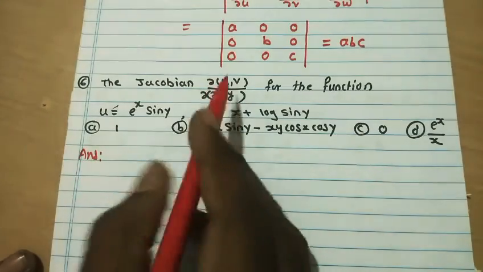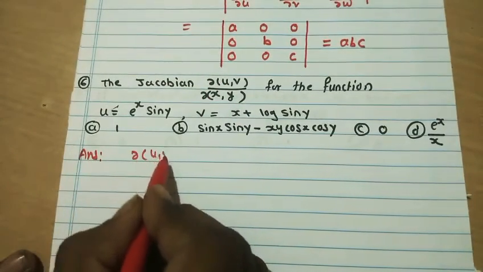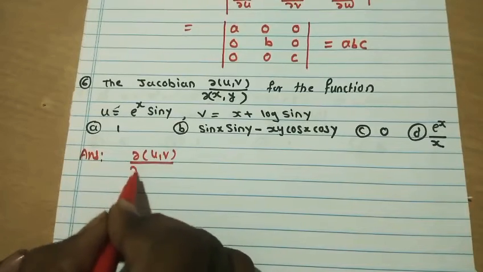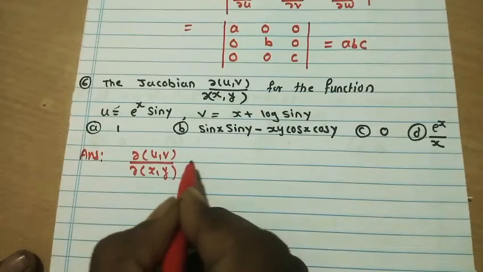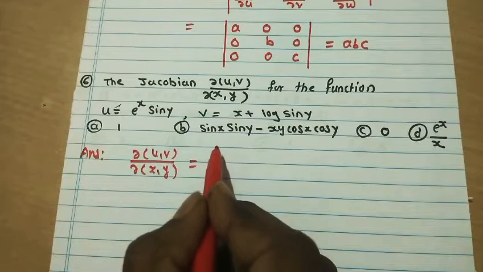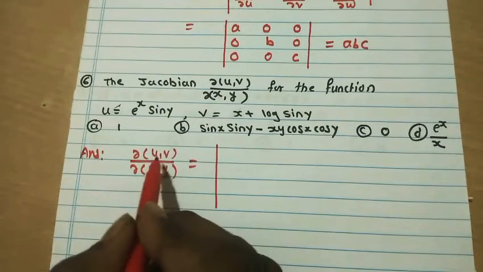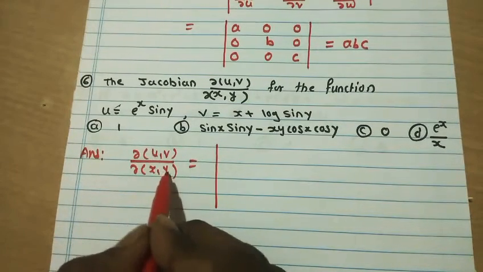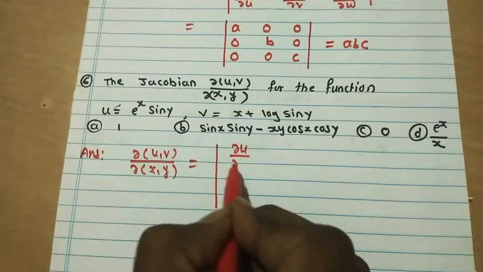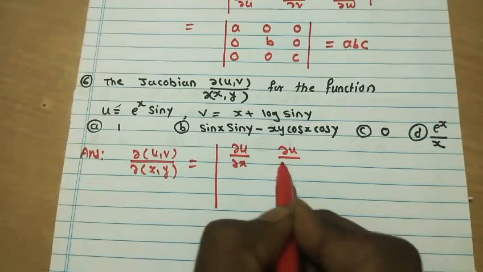So to find the Jacobian of del of u comma v by del of x comma y, write down the formula first. So it will be del u by del x, del u by del y.